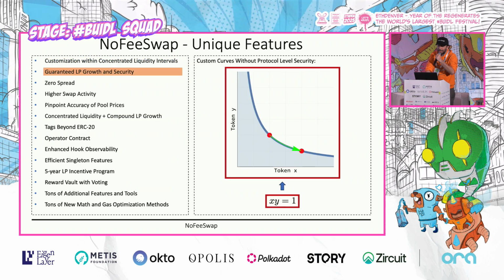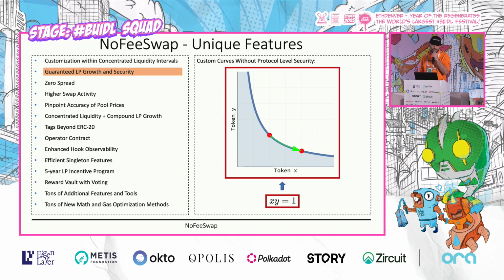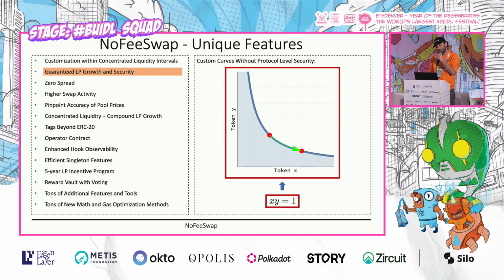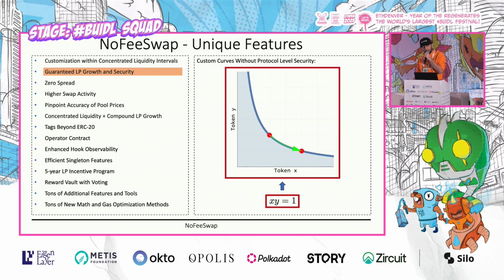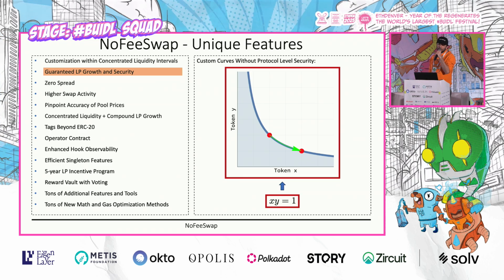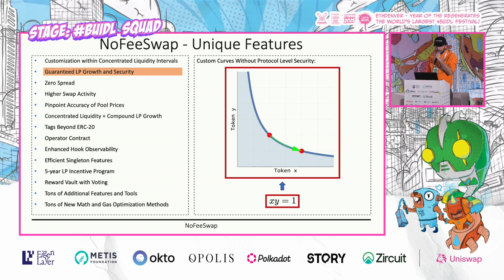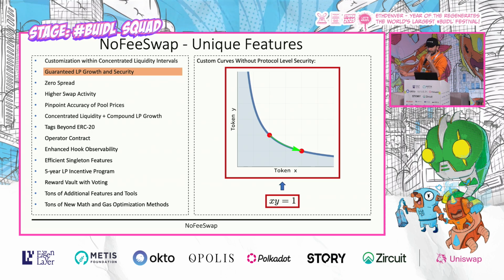And NoFeeSwap has great emphasis on security. This is because the design of a custom curve is difficult. Say you want to improve the XY equal to 1 formula using a hook in Uniswap v4. You may want to do that using an alternative formula.